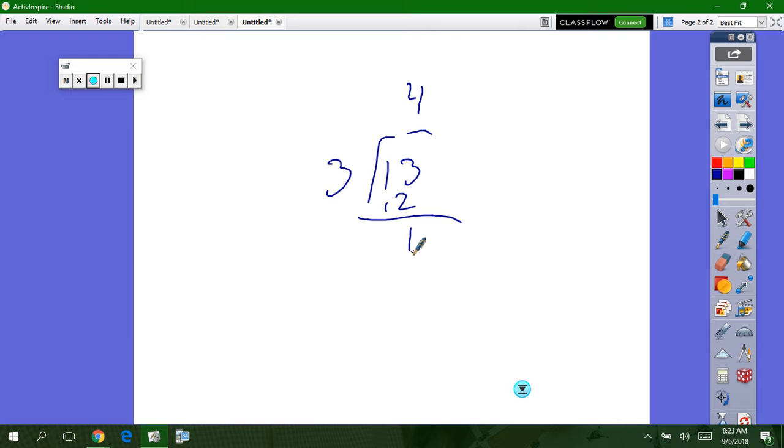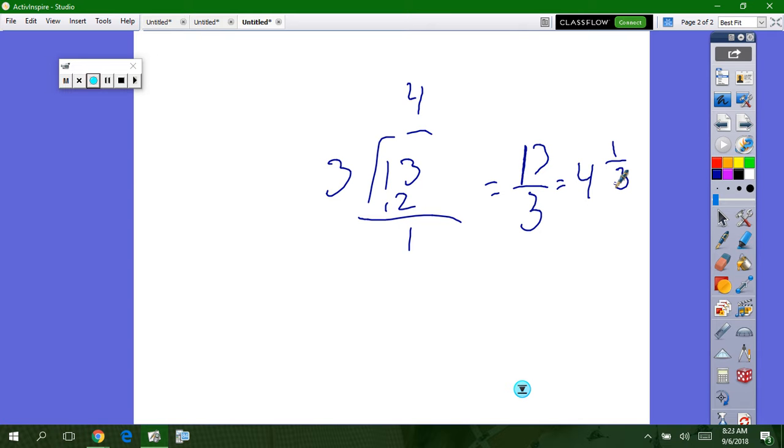This isn't actually 4 remainder 1. Isn't this equivalent to 13 divided by 3 being the same thing as 4 and 1/3? Right? I take the remainder and divide by what I was dividing by. Yes, no, maybe so. Okay.